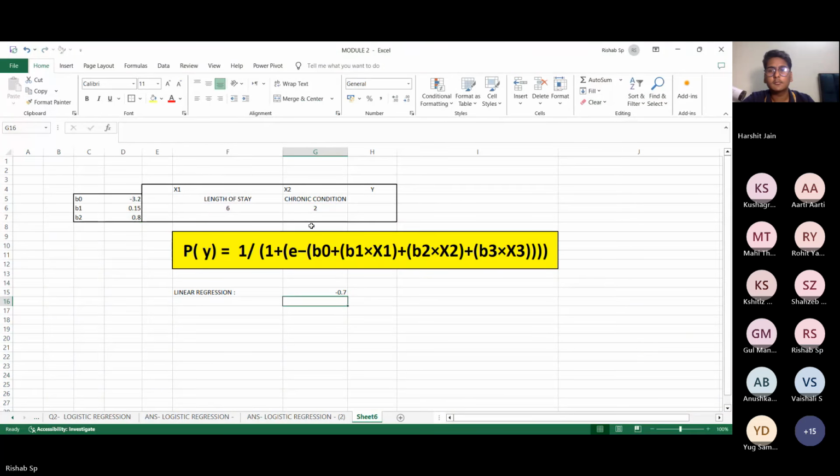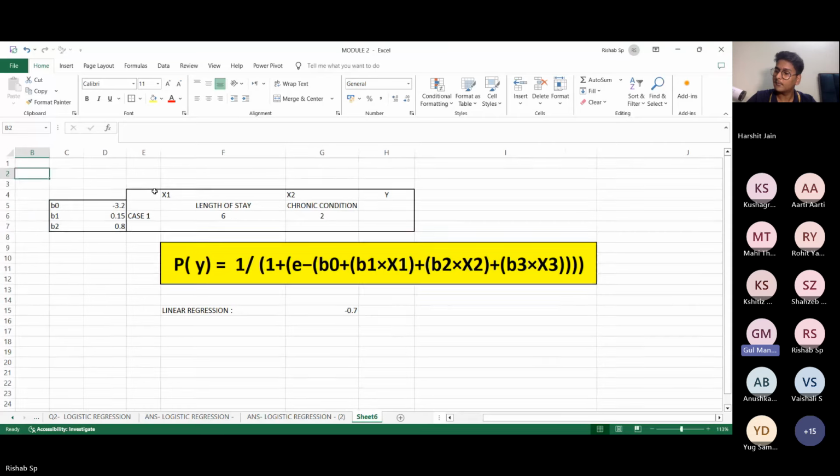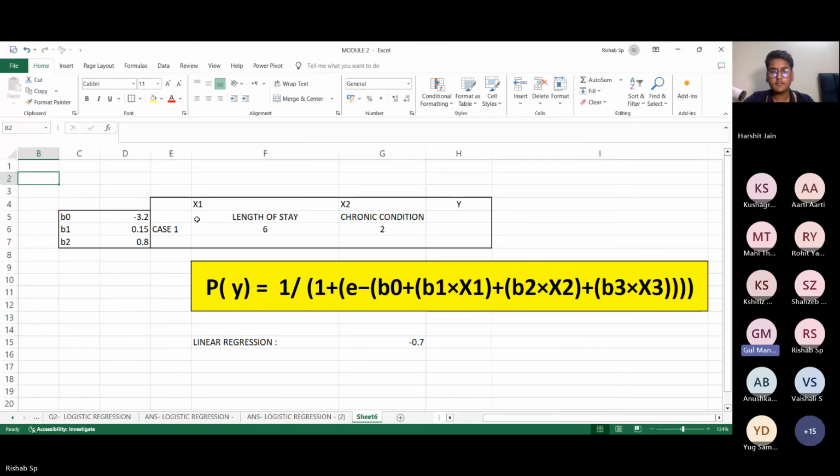We only have one case, right? Could you zoom in a little bit on the Excel sheet? Yeah, works, thanks. Linear regression, we have minus 0.7.